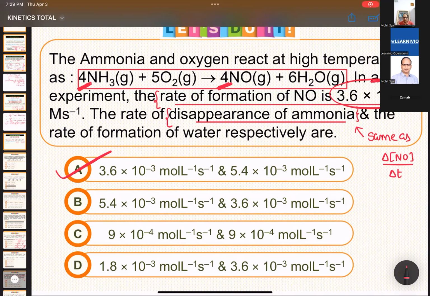Okay. So what is the rate of the reaction? Can you tell me quickly? If you have the rate of NO as 3.6 into 10 to the power minus 3, what is the rate of the reaction? 1/4 into 3.6 into 10 to the power minus 3. Very good. Yeah, you will divide.